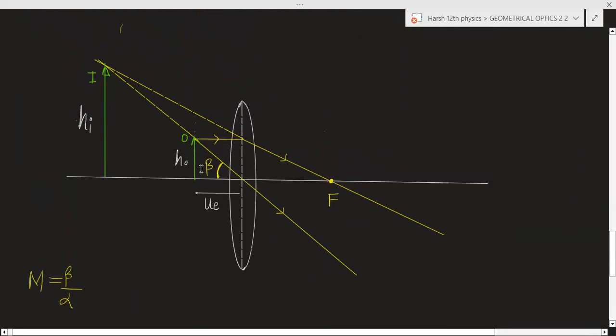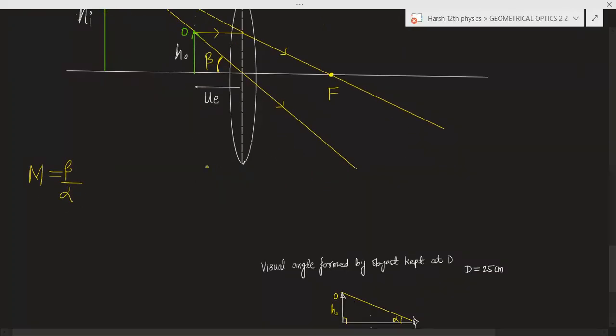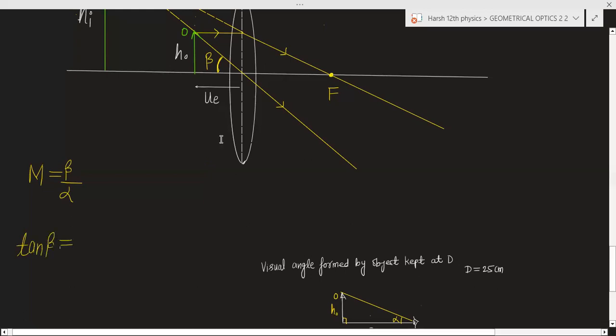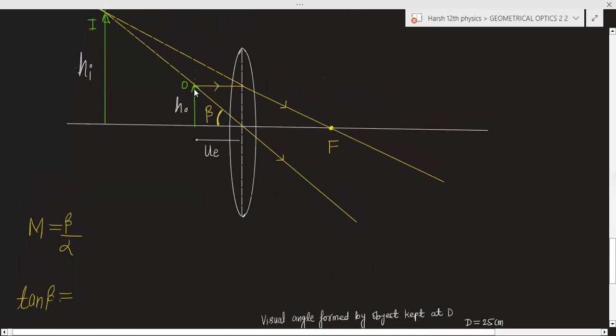So see this triangle, and this triangle. In this triangle, we can find tan beta. Now can you tell me what will be tan beta in this triangle?